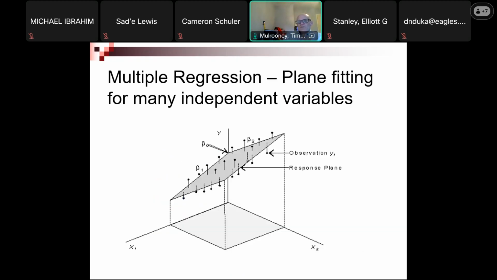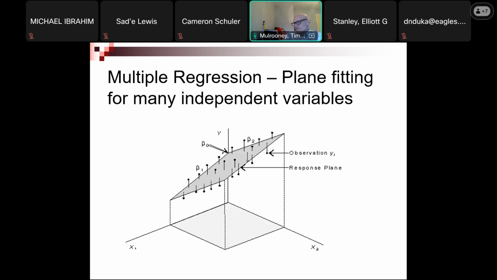Okay. So we also have something here called multiple regression. This gets ugly very quickly. If we have two variables that try to explain one, now we have a plane right here.